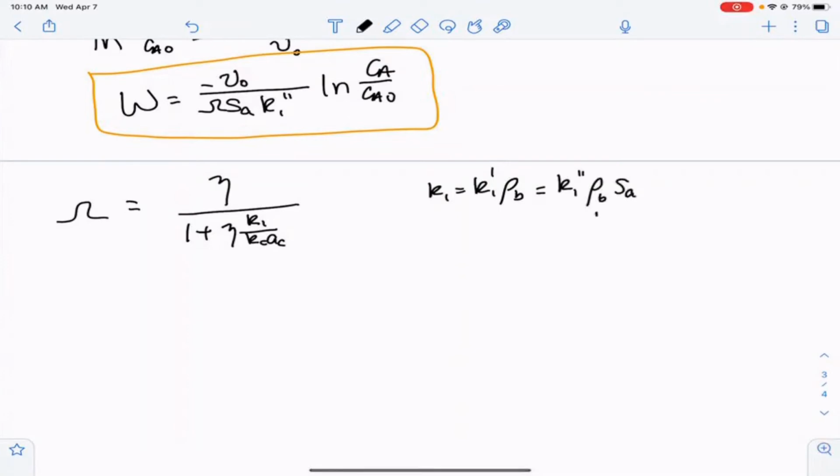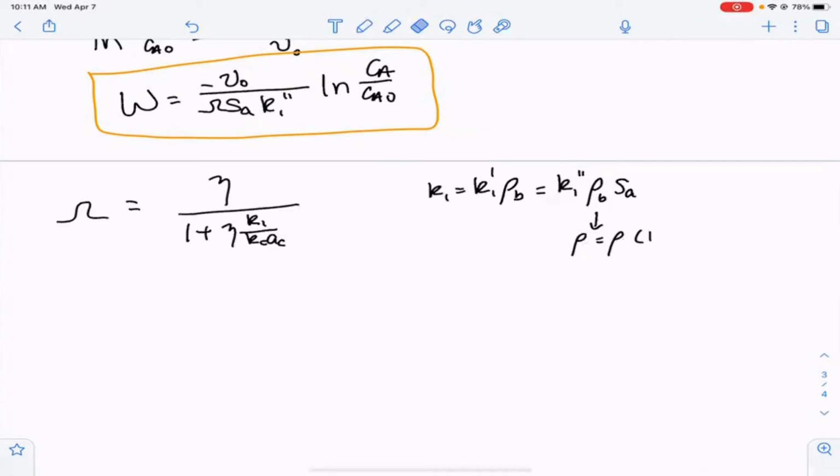Another substitution that we've had previously, and it's something that we'll need in this problem, is that they don't actually give us rho B, they give us rho C, which is like the bulk density. And that is equal to rho B times, or sorry, I actually wrote this backwards.